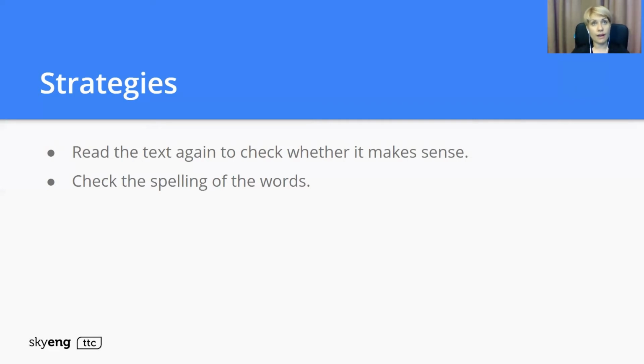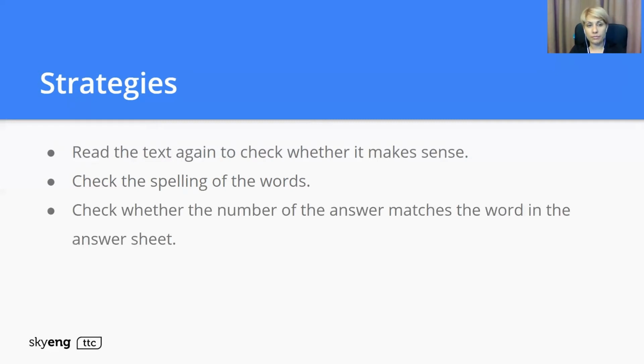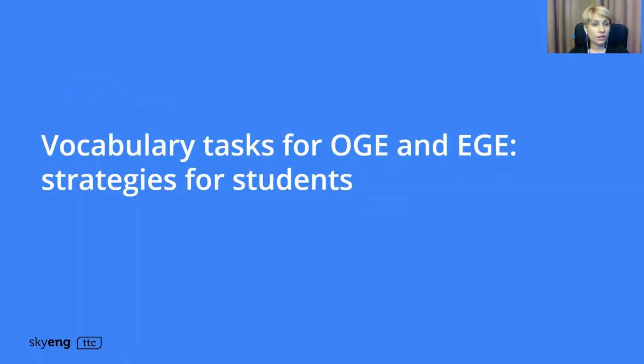So if they have guessed the form, for example, but they haven't written their word correctly, then they lose the point, and that's a pity. And we check the number of the answer and the word, so it's important they are matching. And actually, we can move to the vocabulary tasks.